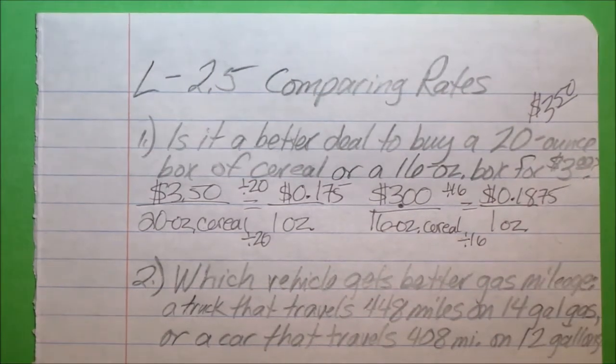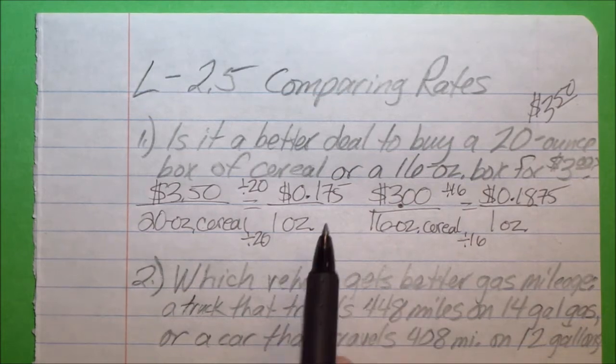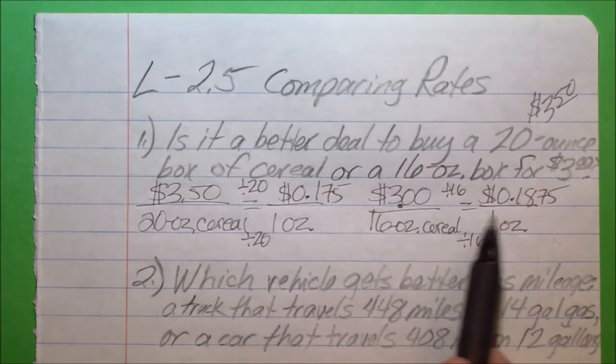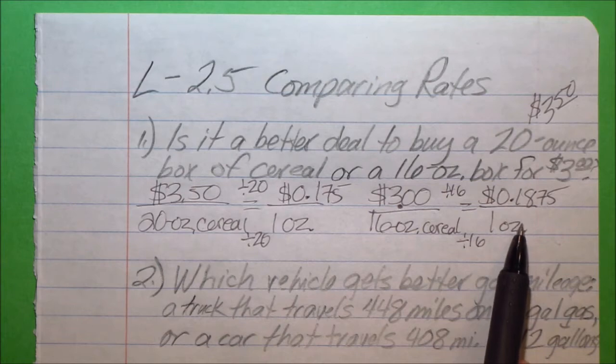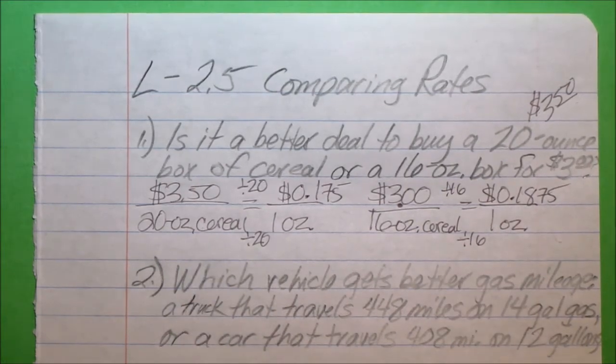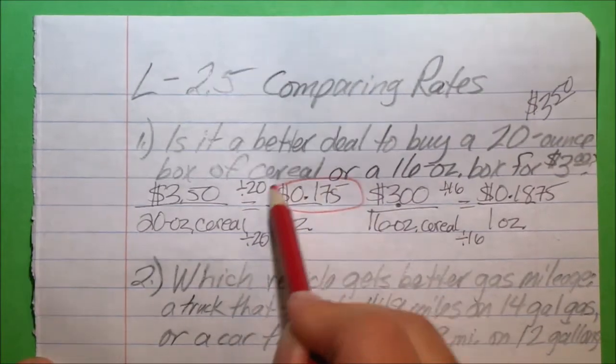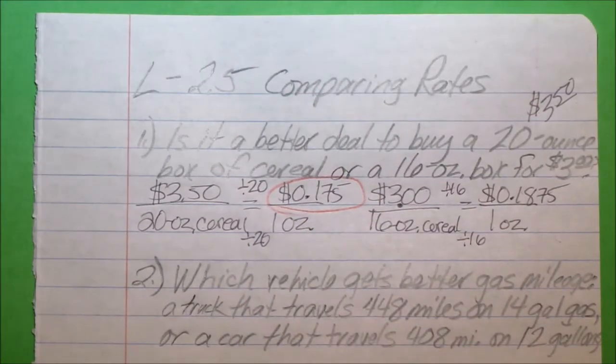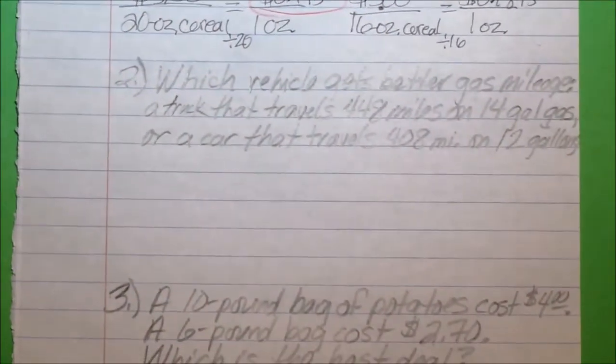So you would round that to the hundredths place when we're talking about money. But we want to be able to see which is the better deal. So obviously, which one is the better deal? The 20-ounce box is your better deal. You're paying less per ounce when you buy more. That's often the case. Okay, number 2.